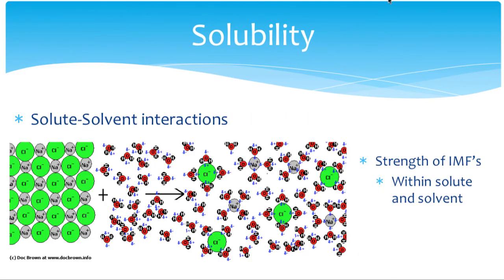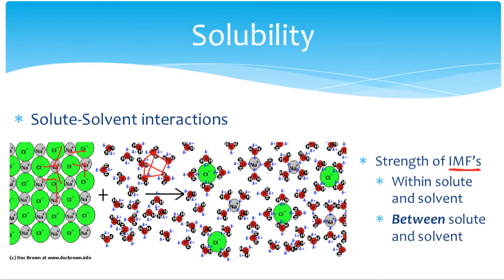Let's see if we can now try and explain some of these factors that affect solubility. The first one we'll try and talk about is the solute-solvent interaction. Like so many things we've talked about at this particular part in the year, this is dependent a lot on intermolecular forces. Those intermolecular forces exist within the solute and solvent. Those are the forces that hold all of these bonds together here, as well as the forces that hold all of these water molecules together to one another.